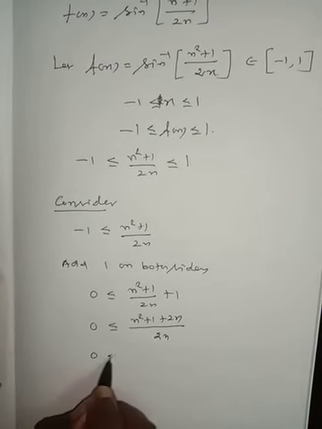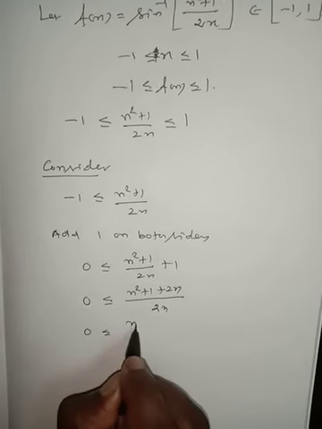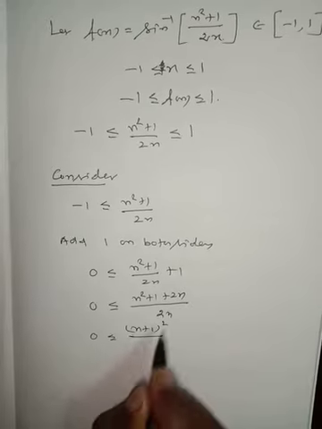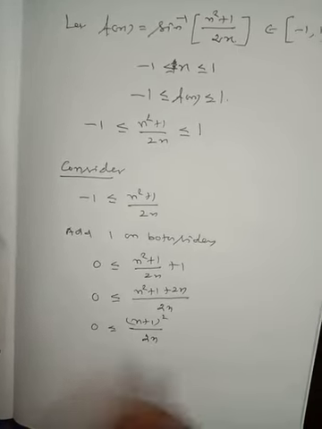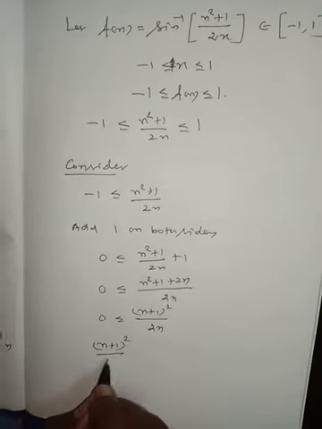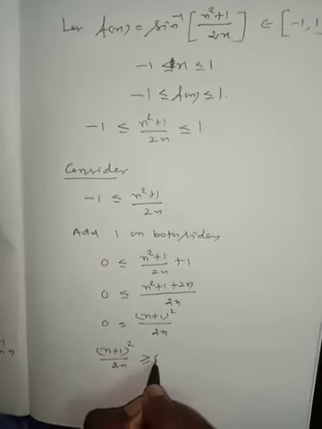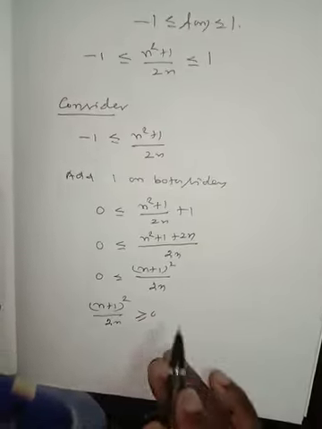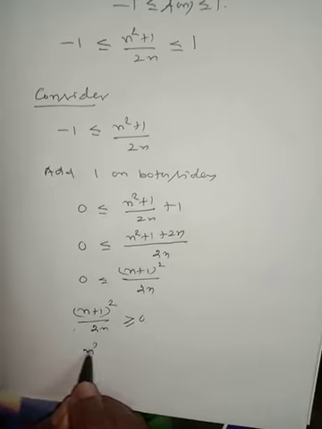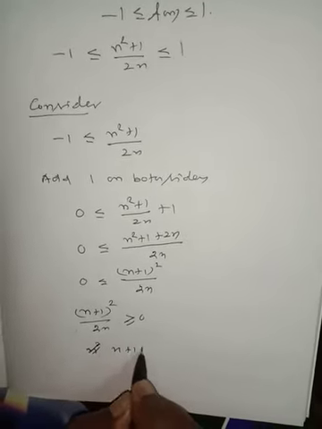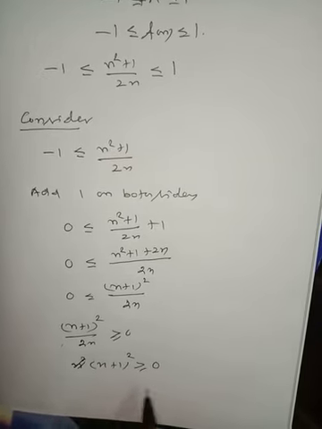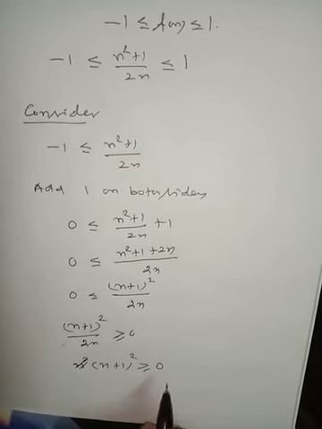The numerator is x plus 1 whole square, so x plus 1 whole square divided by 2x is greater than or equal to 0. Since x plus 1 whole square is always greater than or equal to 0.